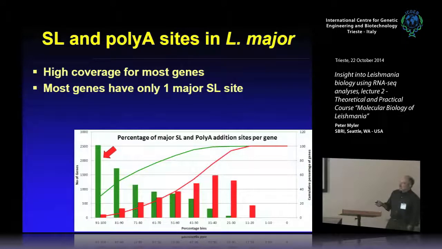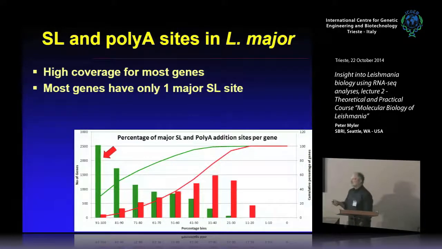But there were a number of genes, here for instance, where the major site only accounted for 50 to 60% of the reads. So there were probably at least 2 sites for most of these genes, being used in relatively similar amounts.